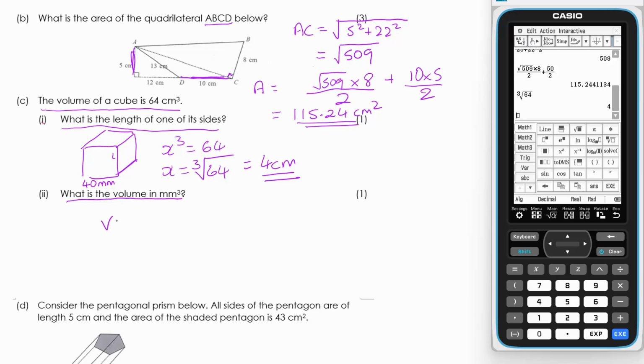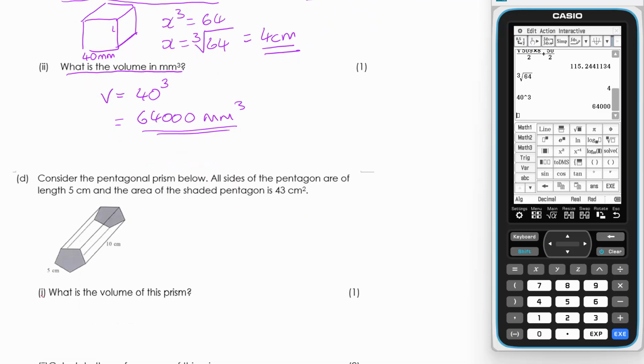So the volume would be 40 times 40 times 40, 40 cubed. So we're just going to do 40 to the power 3, and that's 64,000 cubic millimeters.